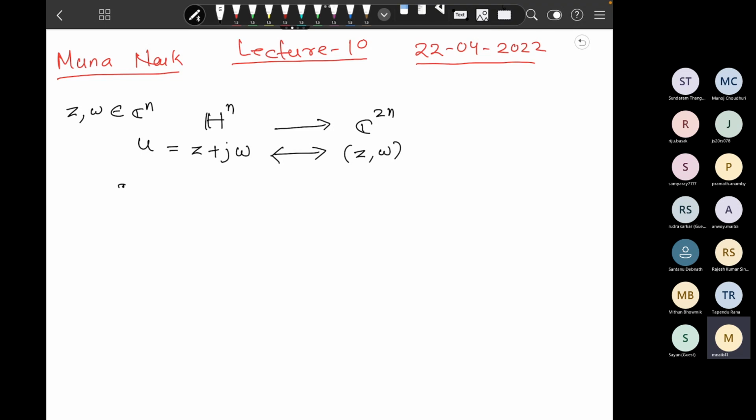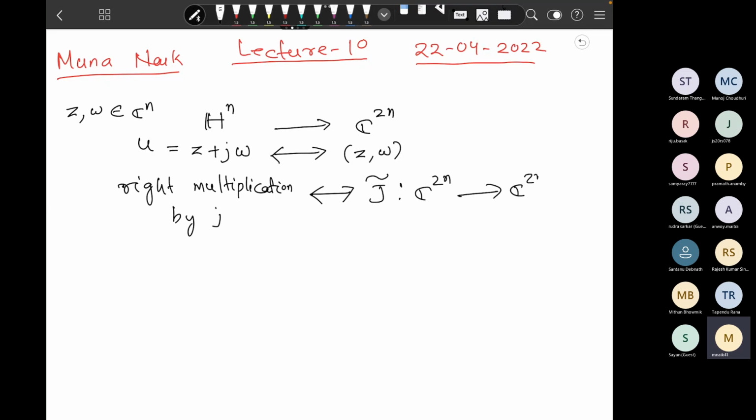Now similarly, write multiplication by j. This will correspond to some map J tilde from C2n to C2n, and we have seen this map J tilde (Z, W) is equal to (minus W bar, Z bar).